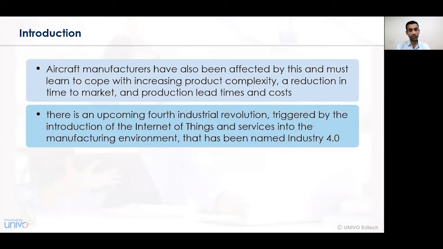Now, the upcoming fourth industrial revolution triggered considerations such as IoT, the concept of the Internet of Things, in which priority is given to technology along with the qualitative delivery of services. In a manufacturing environment, one has to understand how industry activities can be performed in a better way, and accordingly the industry has named this Industry 4.0.